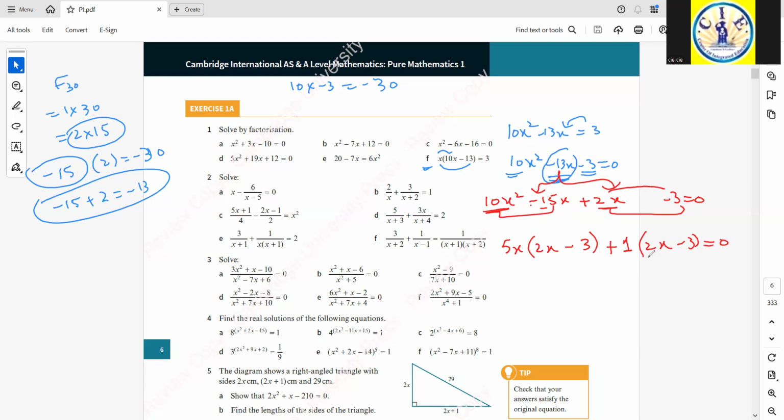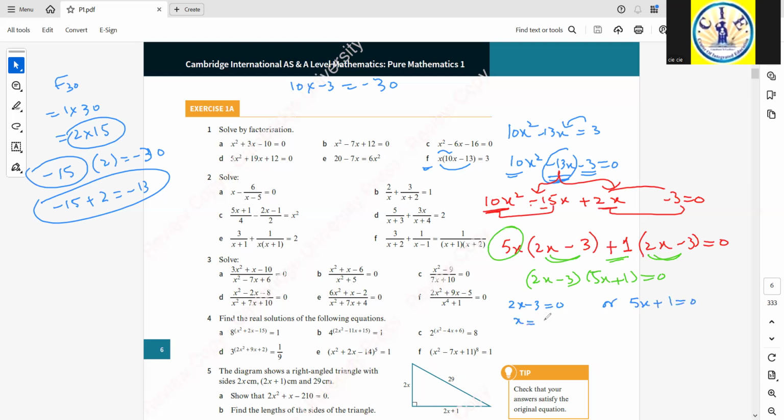Now I need to see that 2x minus 3 can be taken as a common factor. From the first term, I'm left with 5x, and from the second, I'm left with plus 1 equals to 0. So now having their product equals to 0, I can have either the first factor equals to 0 or the second factor 5x plus 1 equals to 0.